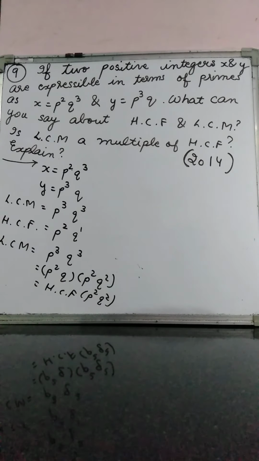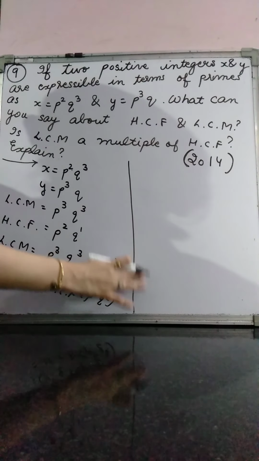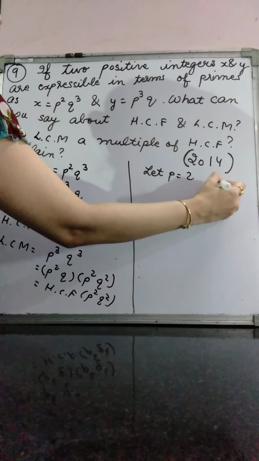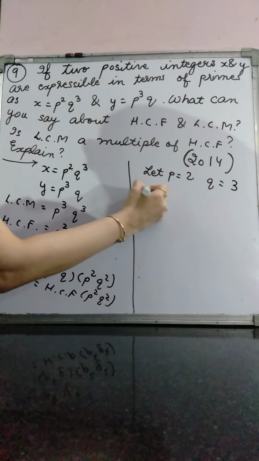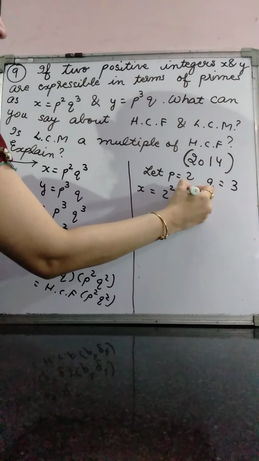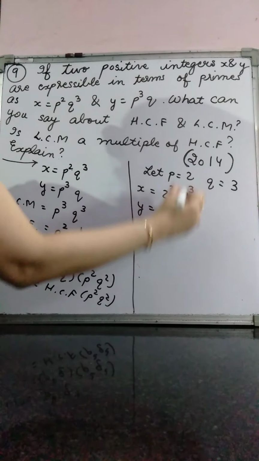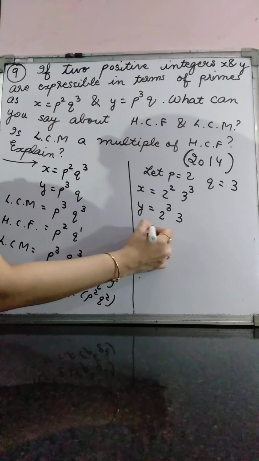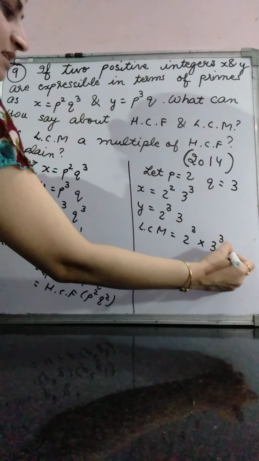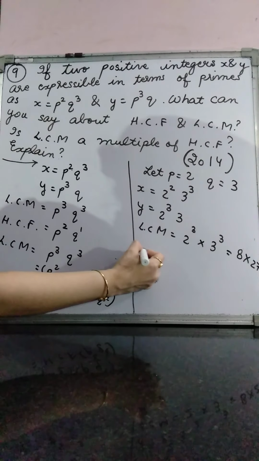Yes, LCM is a multiple of HCF. We will now explain it by taking an example. Let p be equal to 2 and q be equal to 3. x is equal to p power 2, 2 power 2, q power 3, 3 power 3. y is equal to p cube, 2 power 3, q, 3. LCM is 2 power 3 into 3 power 3, that is 8 into 27.